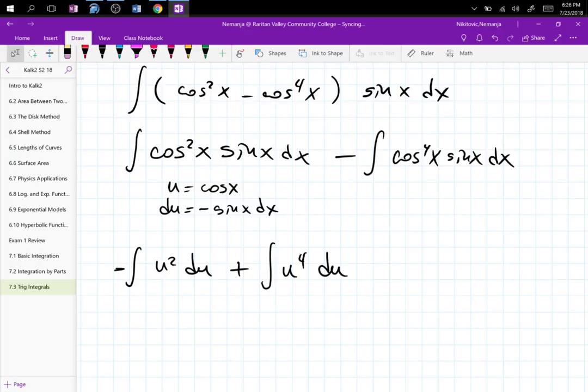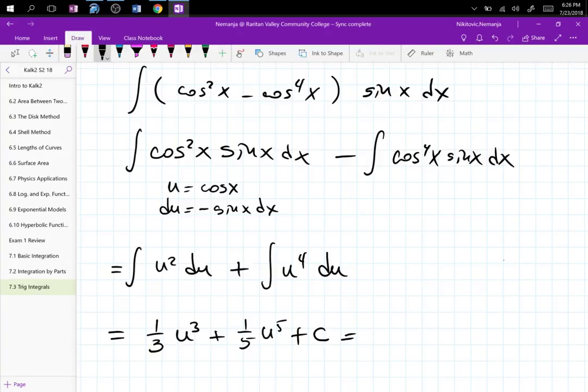And now we integrate this, so we have 1/3 u cubed plus 1/5 u to the 5th plus c, which will give us the cosine, so that's 1/3 cosine cubed x plus 1/5 cosine to the 5th x plus c.